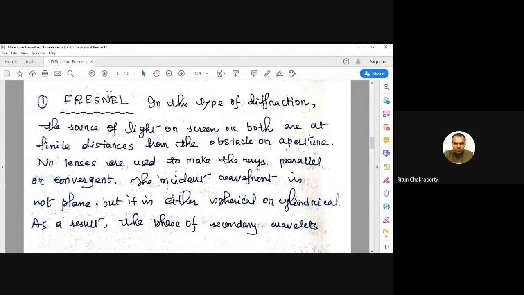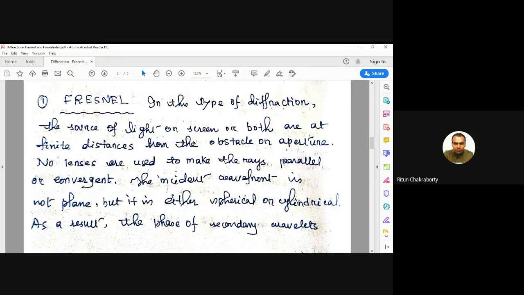Now Fresnel diffraction. What is Fresnel type of diffraction? Let me read out, and I will show you a figure from PowerPoint separately. In this type of diffraction, the source of light or screen or both are at finite distances from the obstacle or aperture.